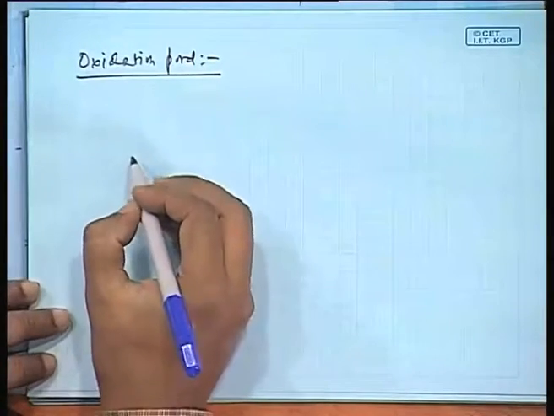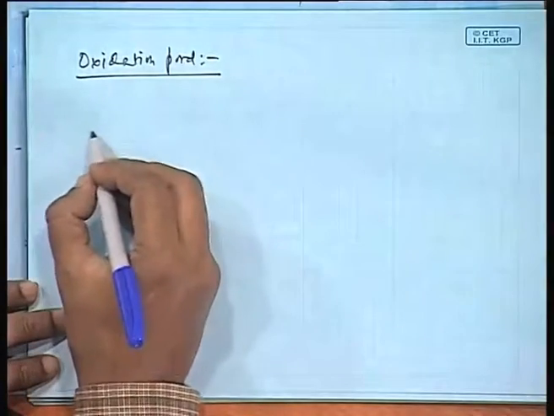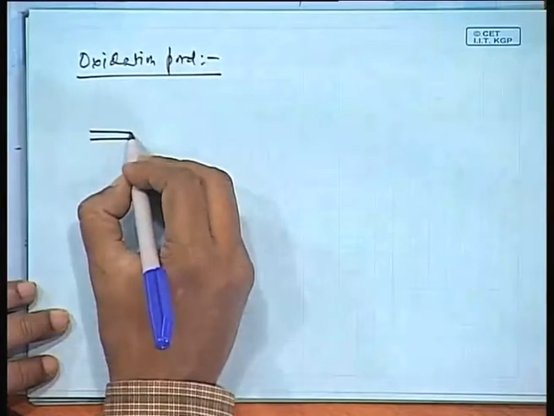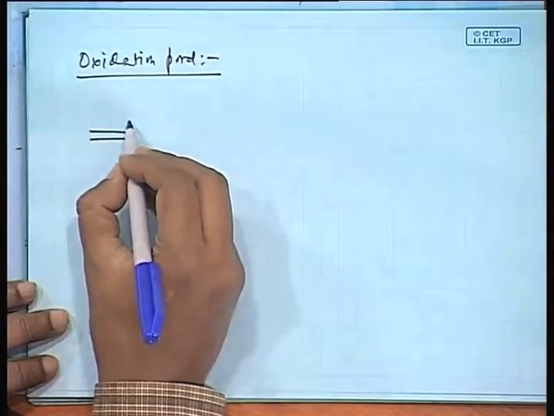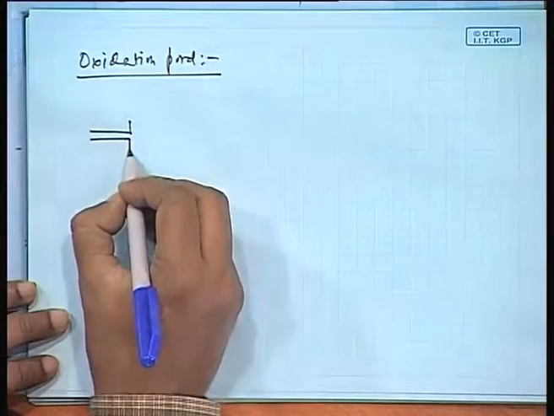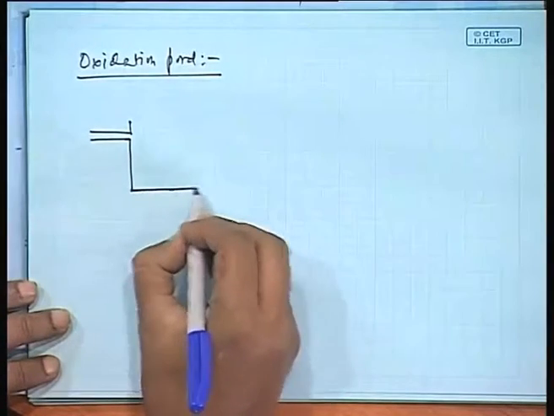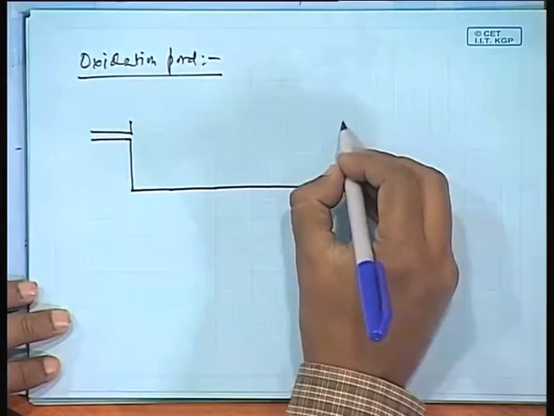What is an oxidation pond? The effluent is generally sent into earthen tanks, which are very shallow.